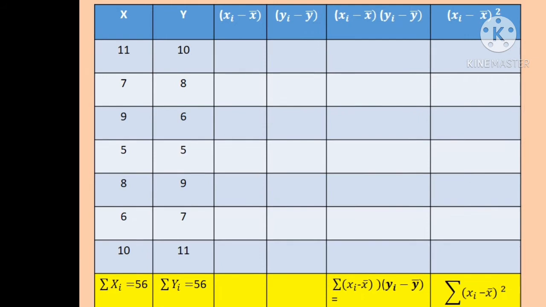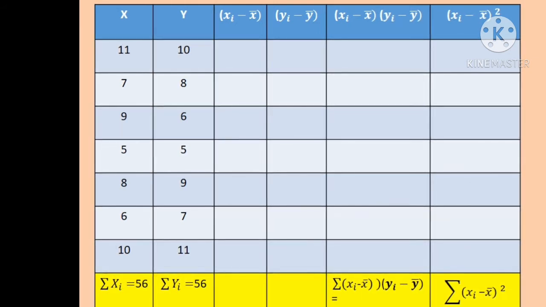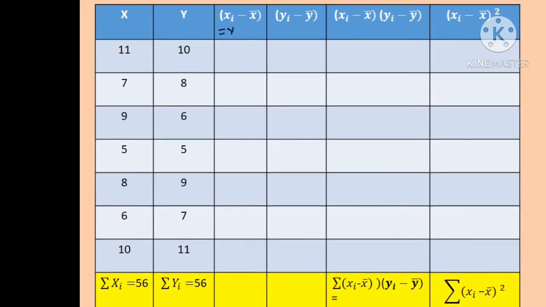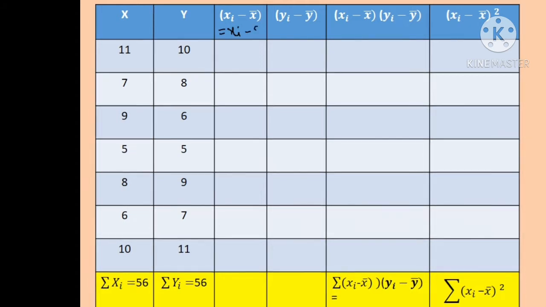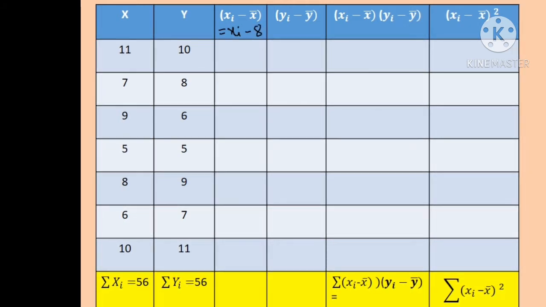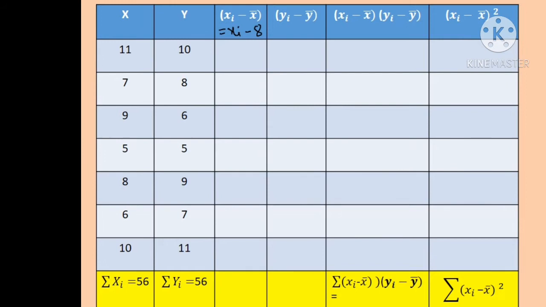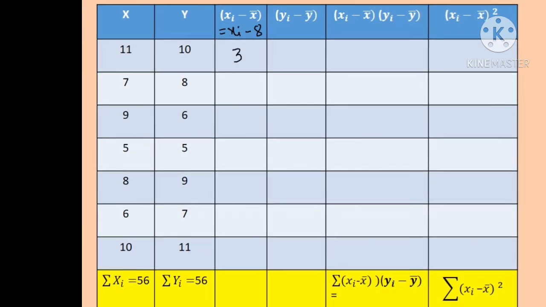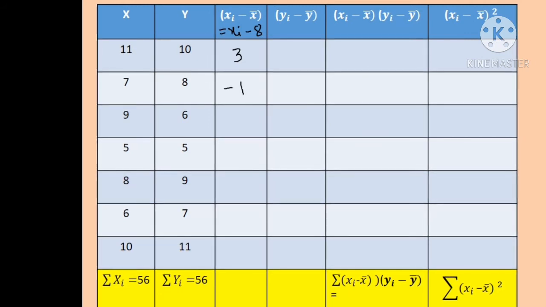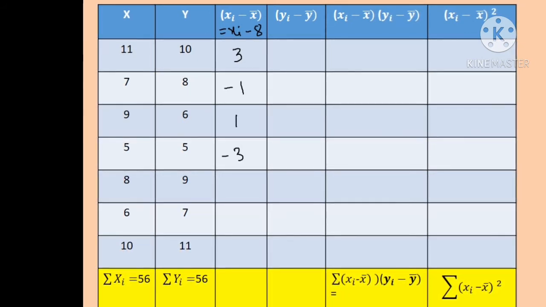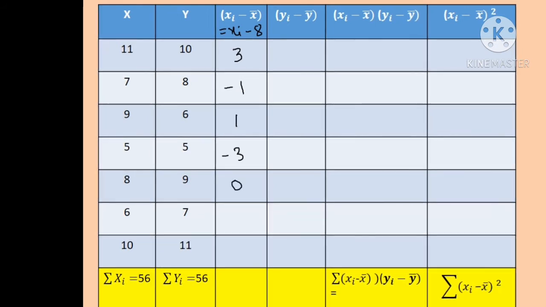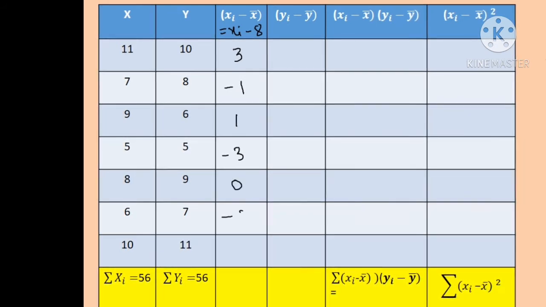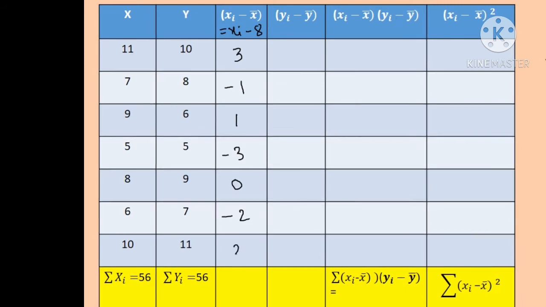Now x bar we have got equal to 8. So xi minus x bar is nothing but xi minus 8. That means from the first column you have to subtract number 8. So 11 minus 8 you get 3, 7 minus 8 is minus 1, 9 minus 8 is 1, 5 minus 8 is minus 3, 8 minus 8 is 0, 6 minus 8 is minus 2 and 10 minus 8 is 2.